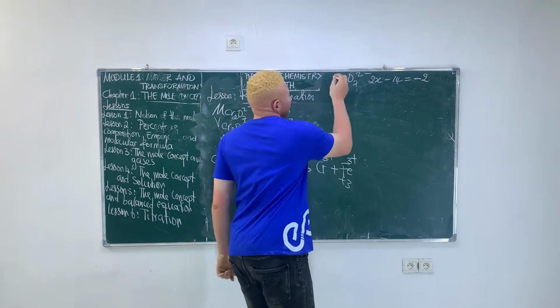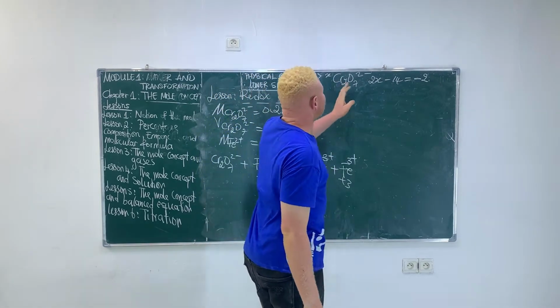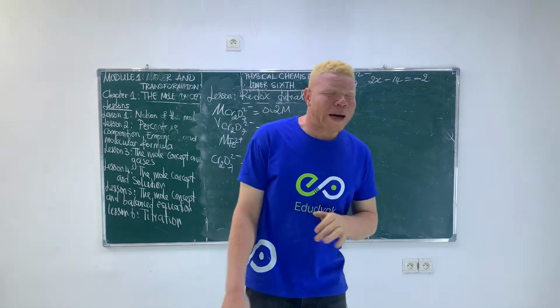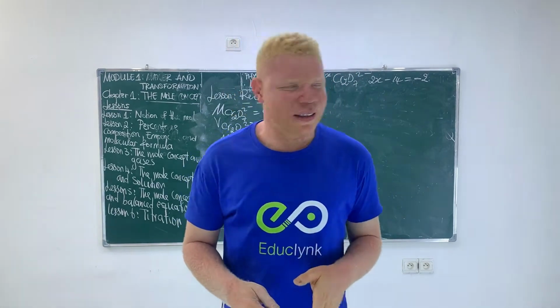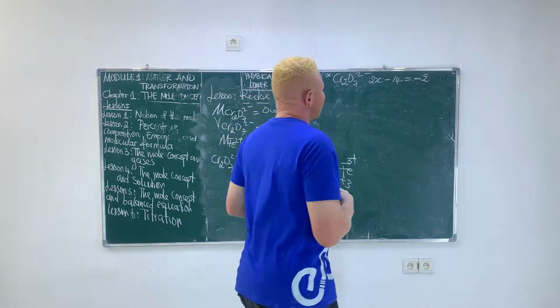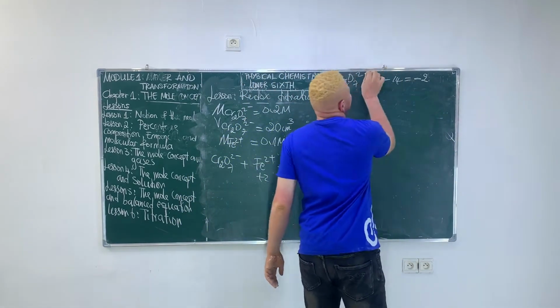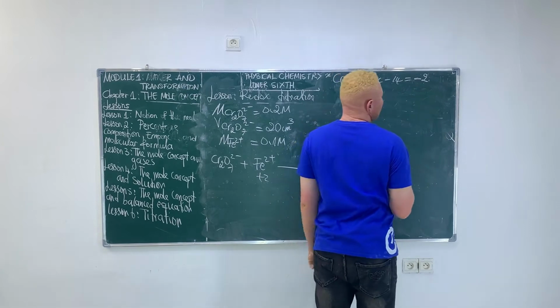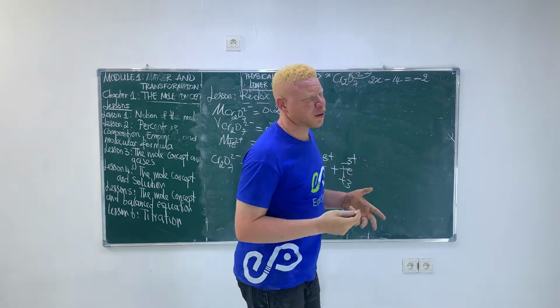Chromium is x, times 2 is 2x. Oxygen is minus 2, times 7 is minus 14. This equals the charge of the compound, minus 2. So solve the linear equation.